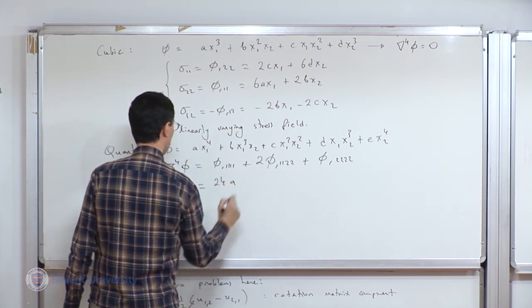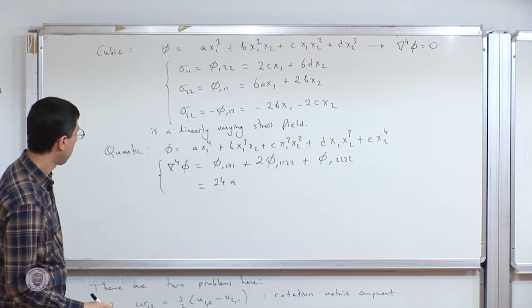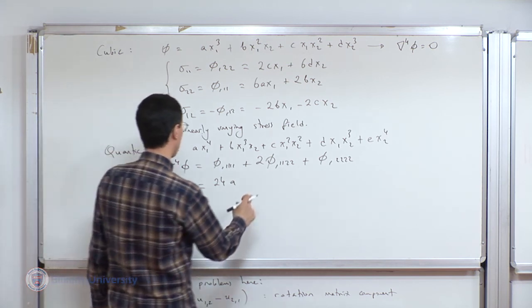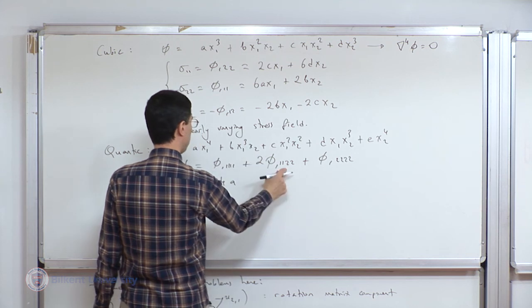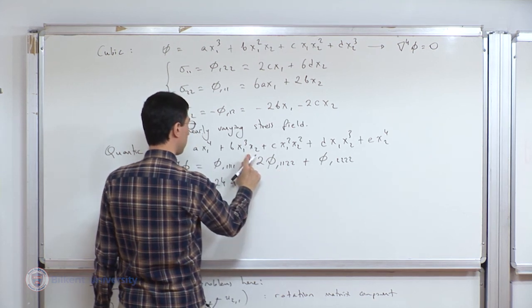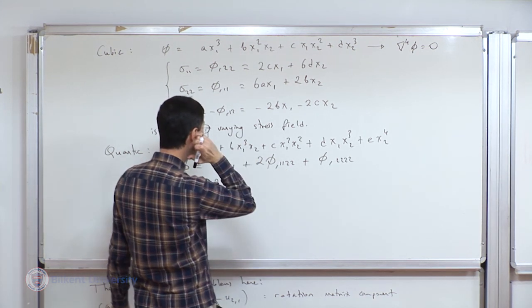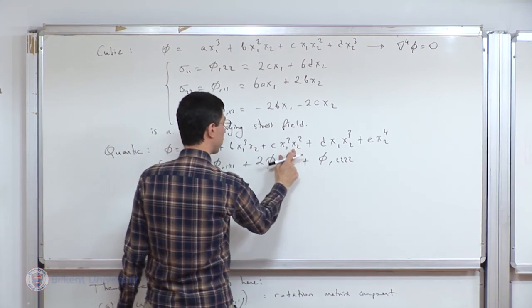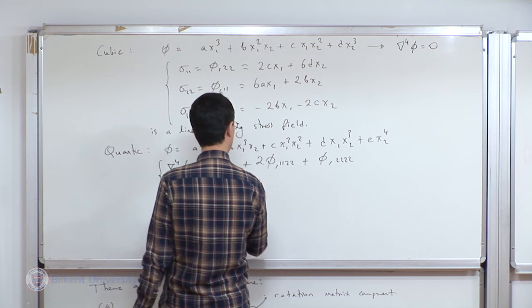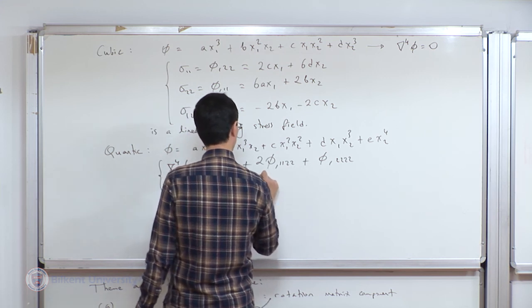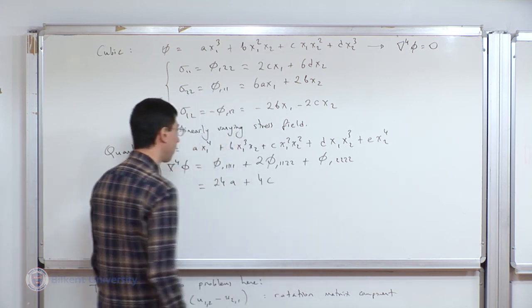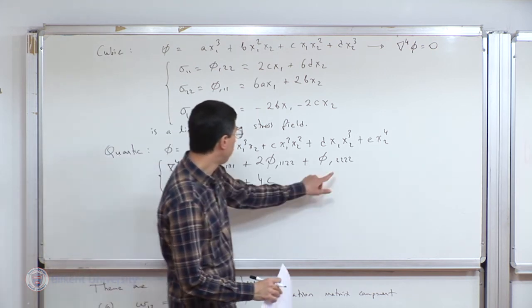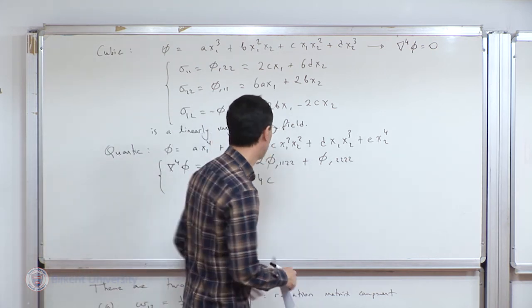24a. Two derivatives with respect to 1, 2 derivatives with respect to 2. So that term dies away. That term survives, right? So we have 4c. And then 4 derivatives with respect to 2.